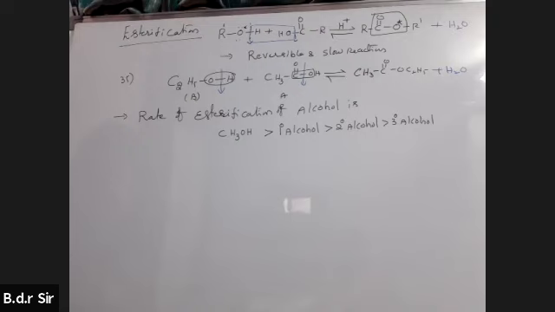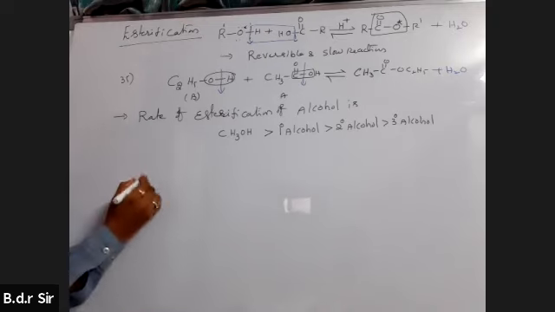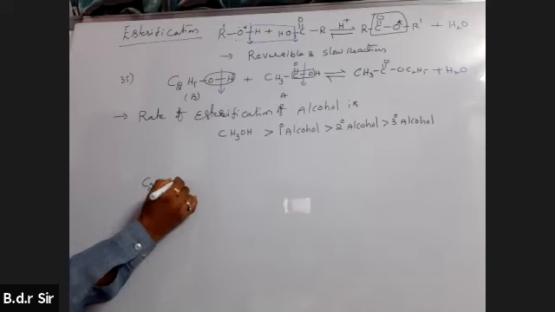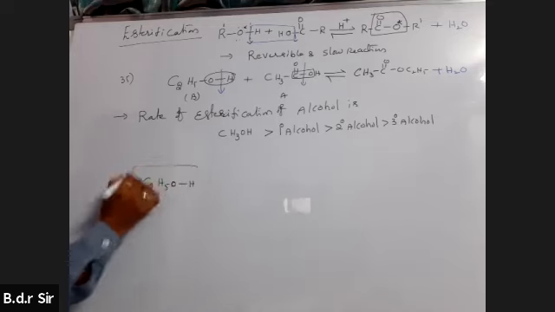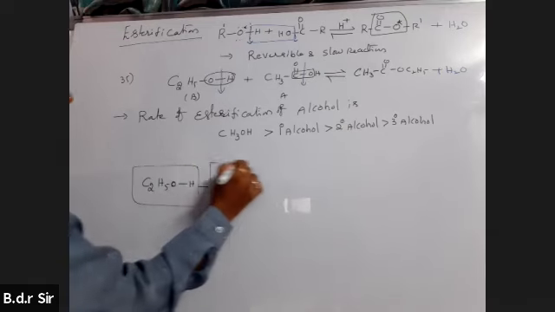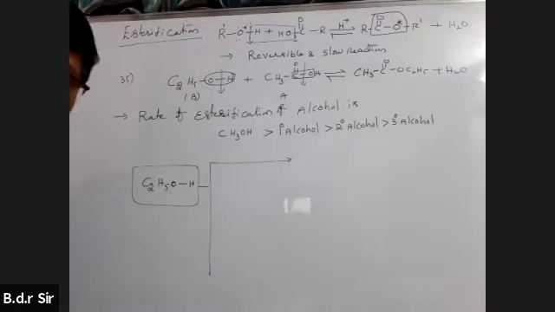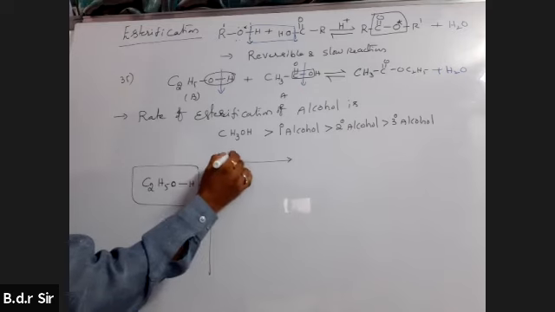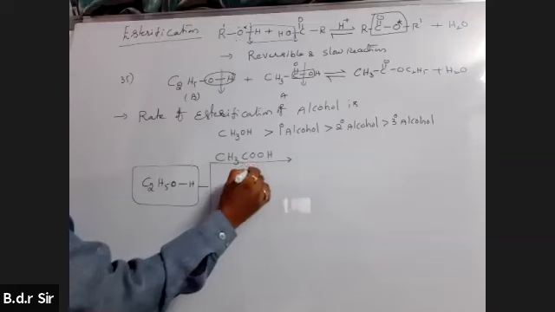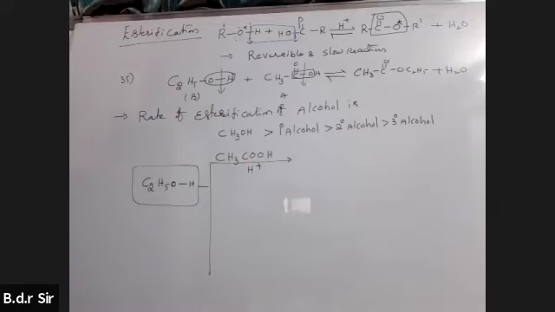Okay, that's another important general reaction. Ethyl alcohol reacts with carboxylic acid, best example acetic acid, in the presence of acidic medium.